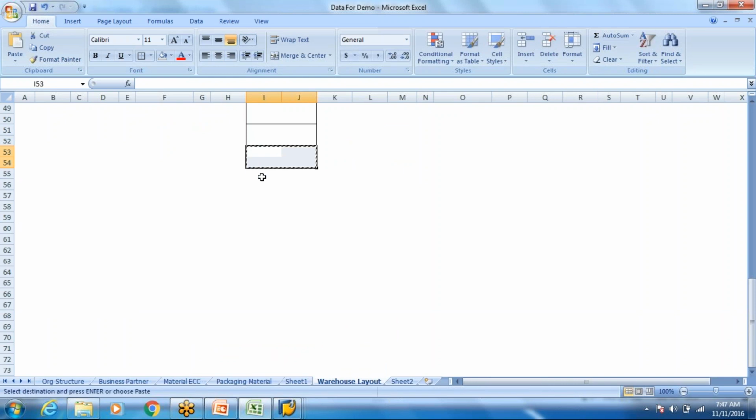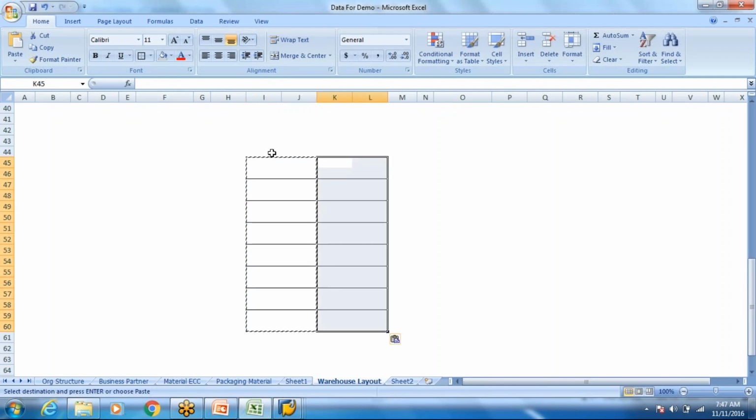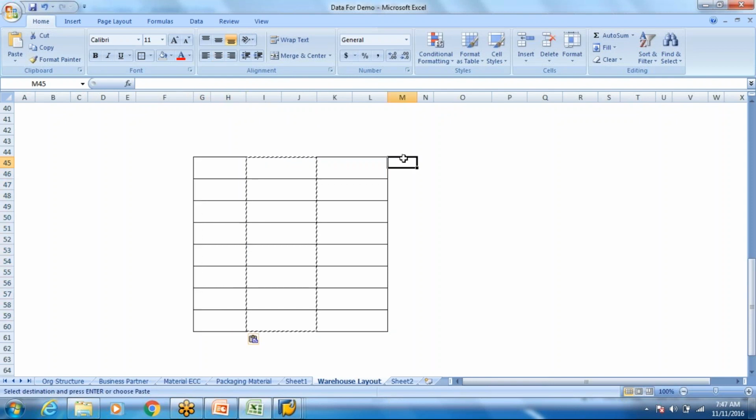Let's say this is one stack. I'm just going to draw this to show you a racking that we generally see. So this is racking from the top view.